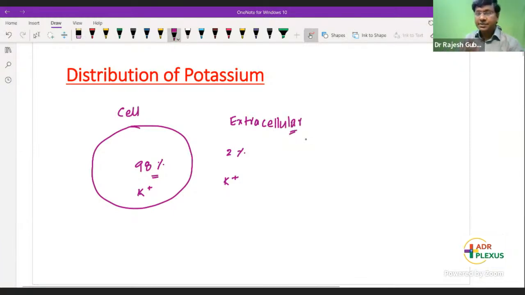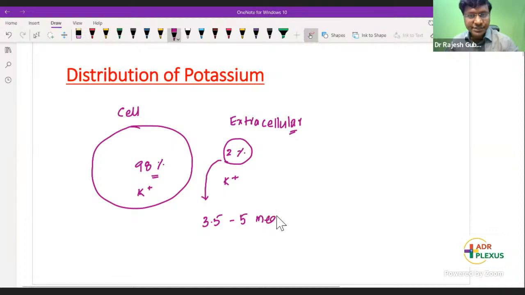This 2% is nothing but your 3.5 to 5 milliequivalents per liter. Now, what are the causes for hypokalemia, and how is the intracellular ion being maintained? Everything I will discuss now.